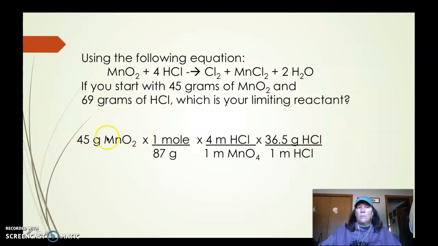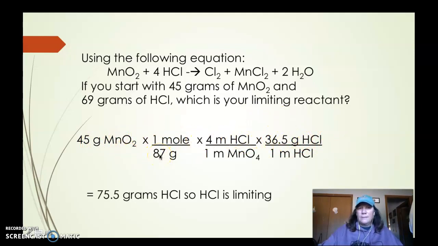Okay, so I start with my 45 grams of MnO2. 1 mole is 87 grams. That's what it weighs. Then I look at my balanced equation. 1 mole here to 4 moles here. And then 1 mole of hydrogen chloride is 36.5. So I take 45 times 4 times 36.5 and I divide by 87.